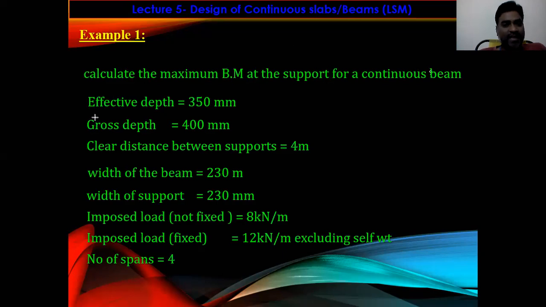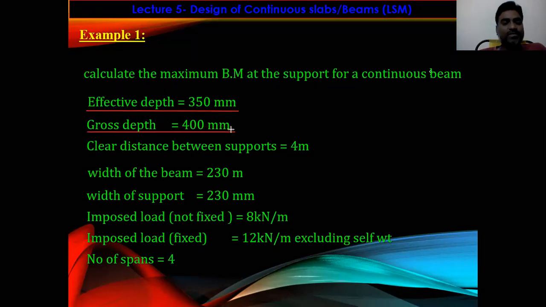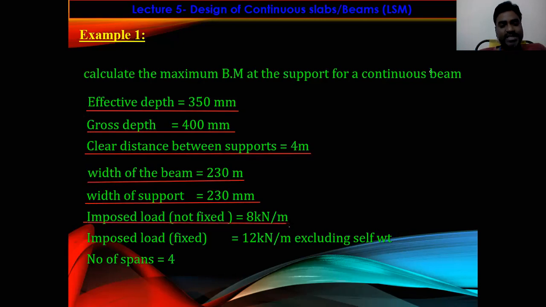The effective depth is 350 mm, overall depth is 400 mm, clear span between the supports is 4 meters, width of the beam 230 mm, width of support 230 mm, imposed load, that is not fixed, 8 kilonewton per meter, and imposed load for fixed case 12 kilonewton per meter, which is excluding the self weight of the beam.